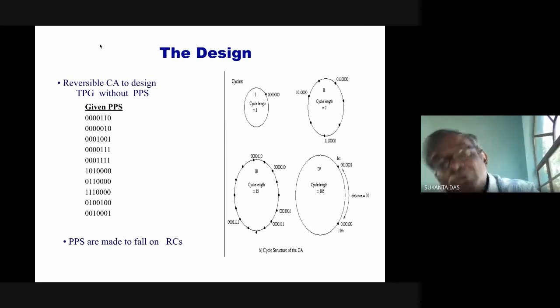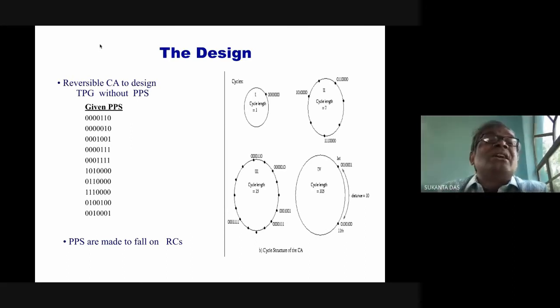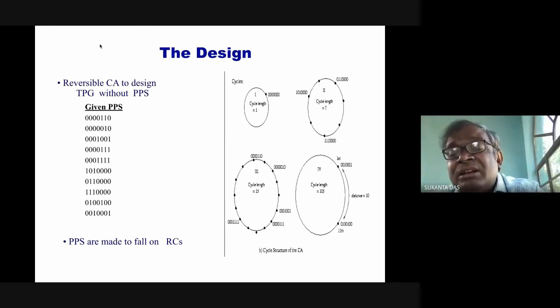Although its length is not as large as the maximal length CA, it is still large, so it can fulfill our purpose. The important thing is that the prohibited patterns are in different cycles. However, sometimes you may not be able to guarantee that all the patterns will be in the smaller cycles. One or two patterns may still fall in the bigger cycle.